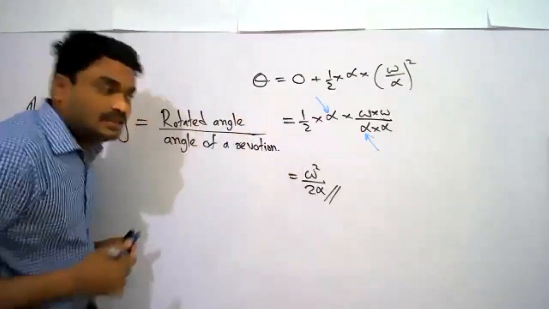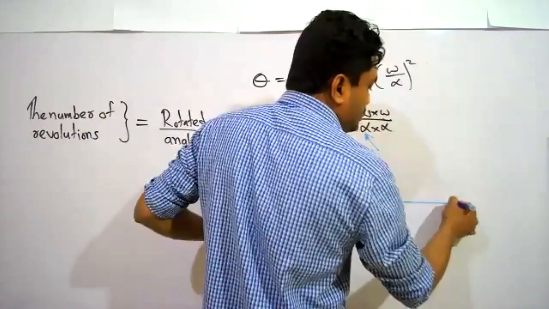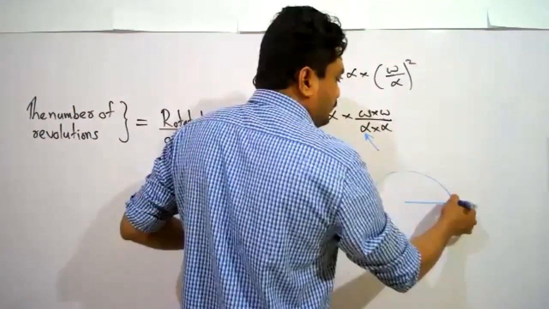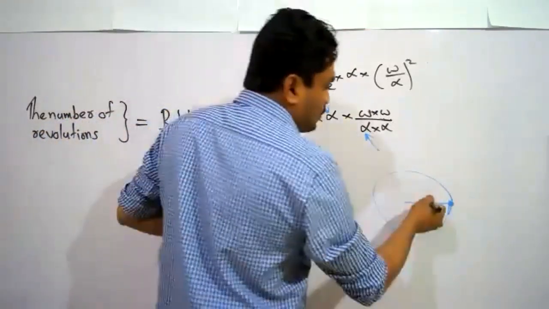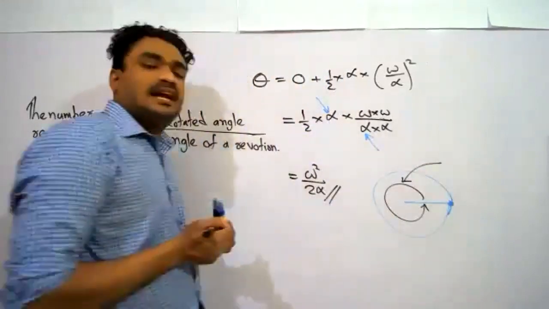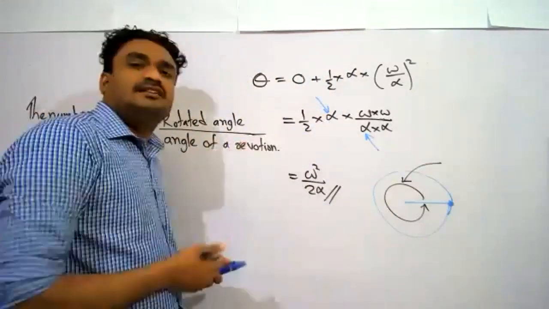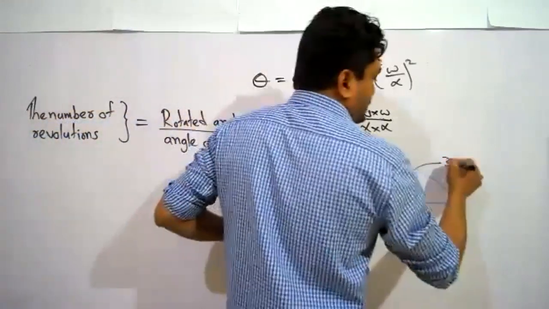Am I right? What is the rotated angle here? If this is one of the spokes in the ring, as they have mentioned, and it rotates one cycle, what is this angle in degrees? 360 degrees.